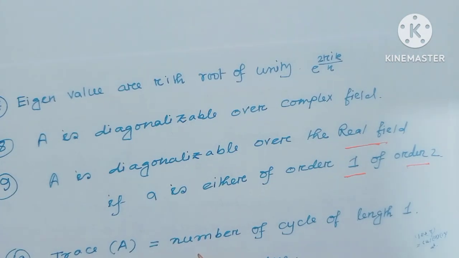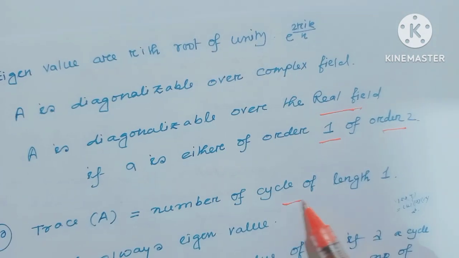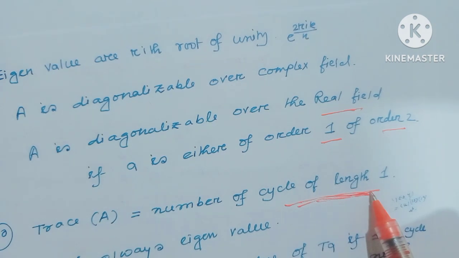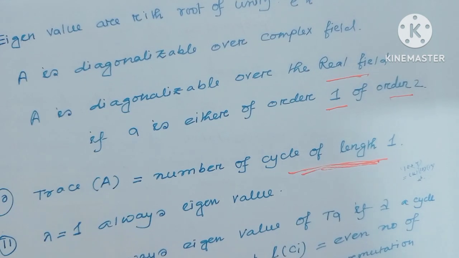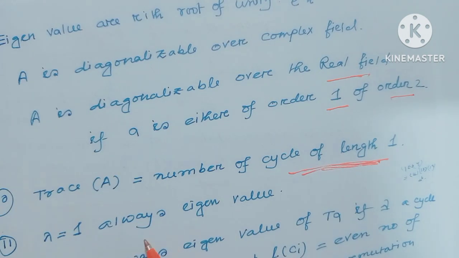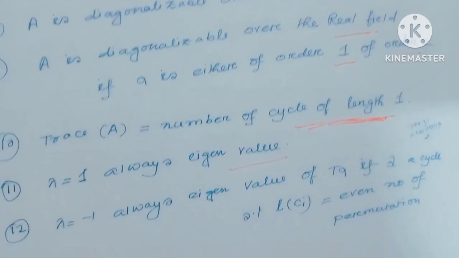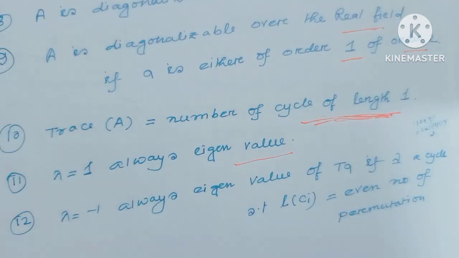Tenth property: trace of A is the number of cycles of length 1. Number of length 1 cycles is the trace of A. Property 11: lambda equal to 1 is always an eigenvalue. Property 12: lambda equal to minus 1 is an eigenvalue of the permutation sigma.